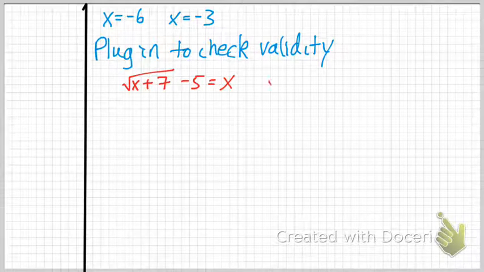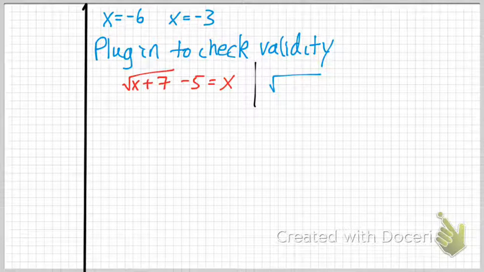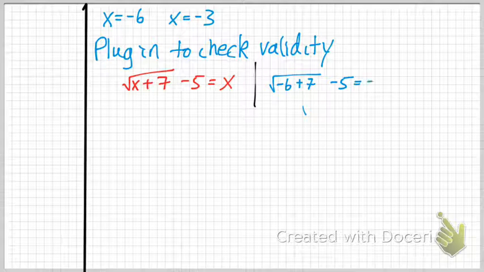So for our first one, we'll plug in negative 6, and so we'll say that the square root of negative 6 plus 7 minus 5 is equal to negative 6.